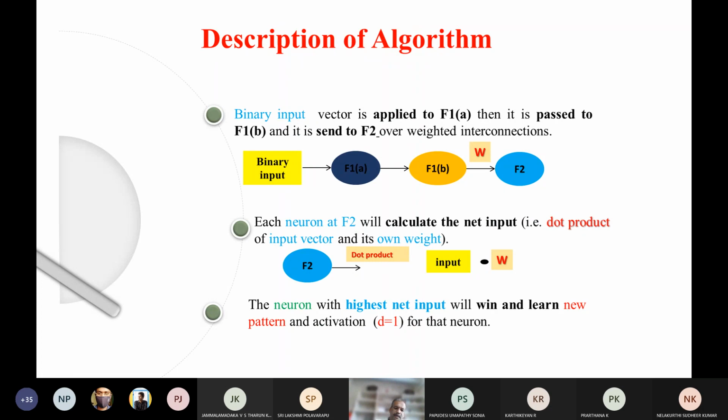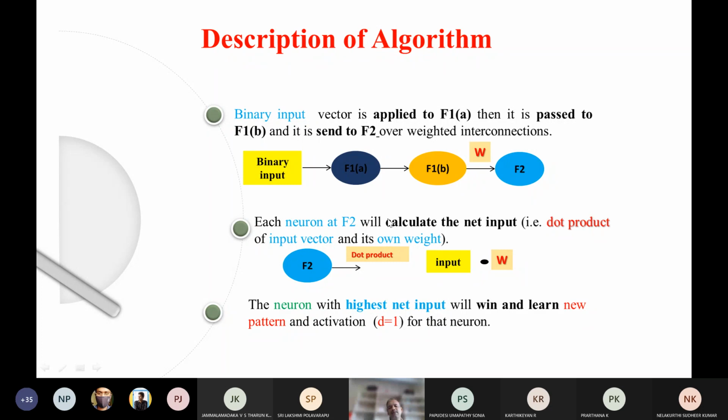Next part: each neuron at F2 is a cluster unit. Each neuron at F2 will calculate the net input via the dot product of the input vector and its associated weight values.